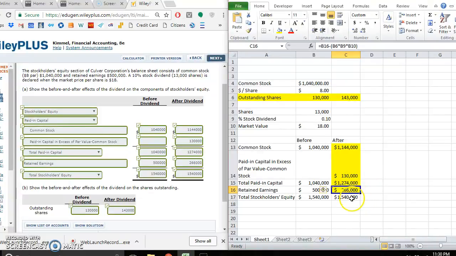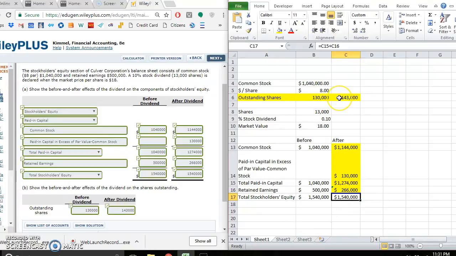And then once you add up those two numbers, 1,274,000 plus 266,000, you get the same as before. It's the same number. And again, those should be the same because before nobody was getting paid and nobody was having the share. Now people are given shares and now they're given money. But that doesn't change our stockholders' equity.